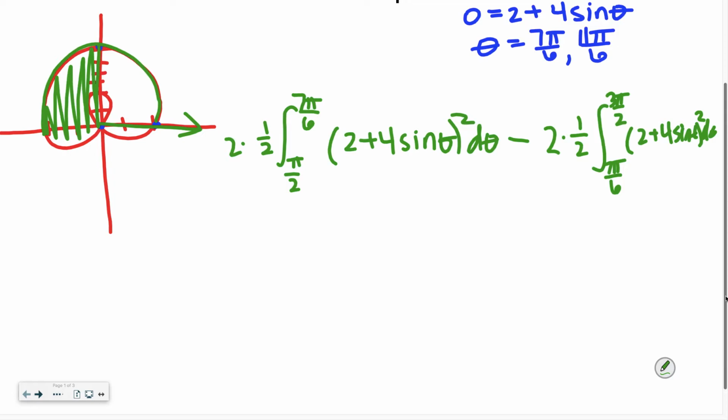You get 4 plus 16. Simple cosine squared. 1/2 minus 1/2.